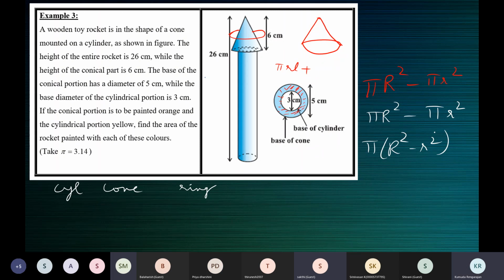A cylinder has two circular portions, one on the top and one at the bottom. Is the circle on the top seen in the cylinder? No, ma'am. What about the circle at the bottom? Yes, ma'am.